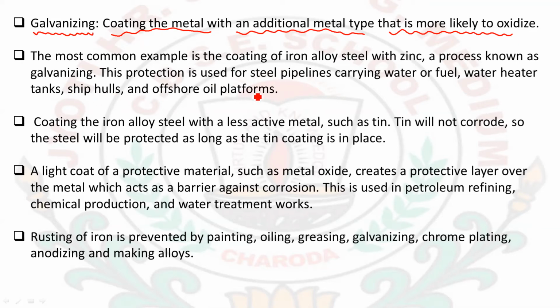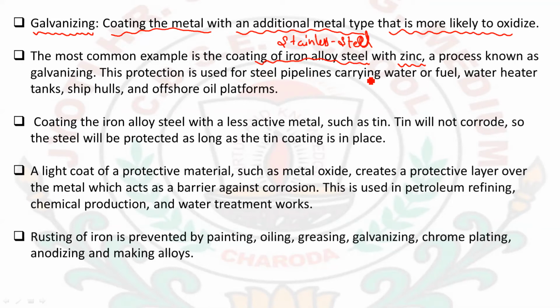For example, coating of iron alloy steel. You know about stainless steel. Generally utensils and all these things are made of stainless steel. So this steel is generally coated with zinc, and this zinc coating over the iron alloy steel is known as galvanization.